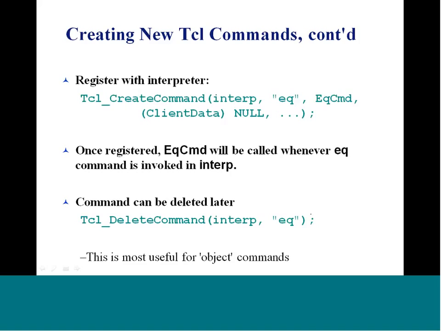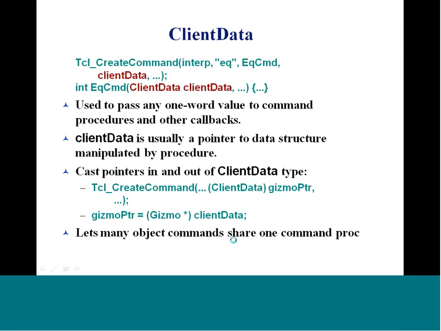As I mentioned, we can register with the interpreter, and then we can use the command without pointing to any other place. For the client data, we can cast pointers in and out of the client data type by using these kinds of commands.